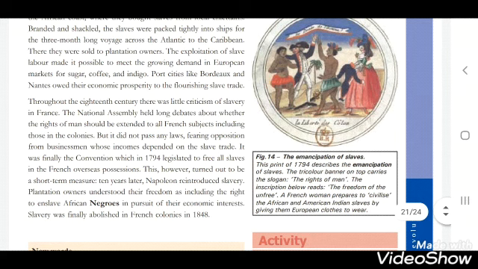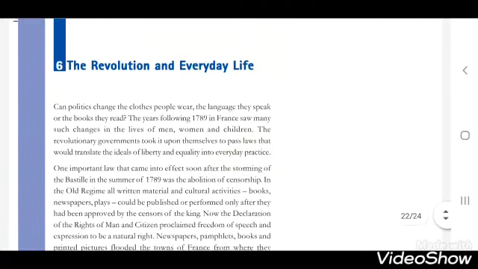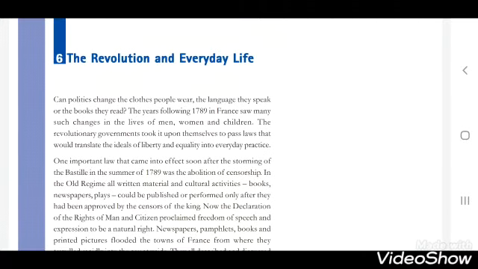Later, when Napoleon Bonaparte came, he reintroduced the slavery system, the triangular slave trade, again. But this could not continue for long, and finally slavery was abolished in the French colonies in 1848.